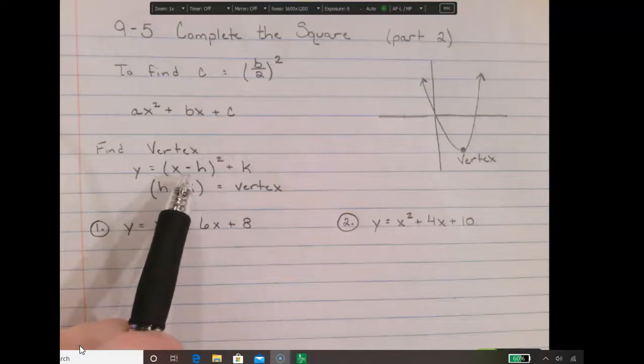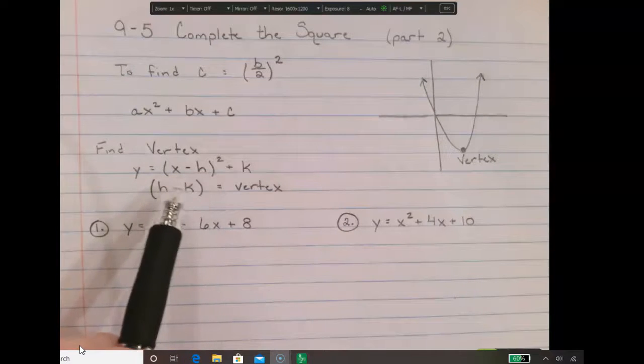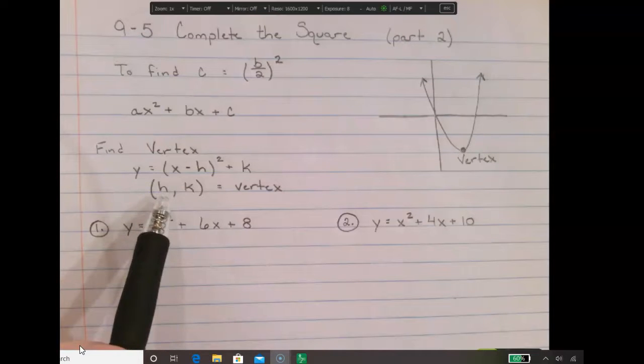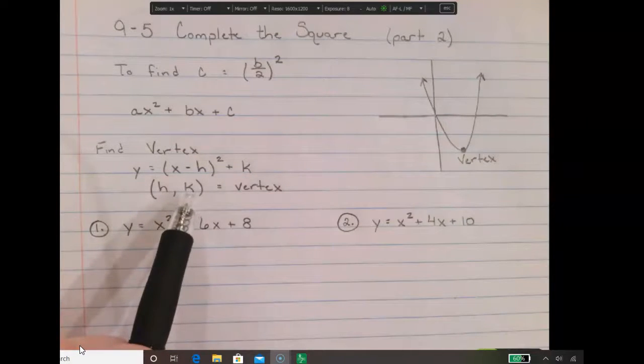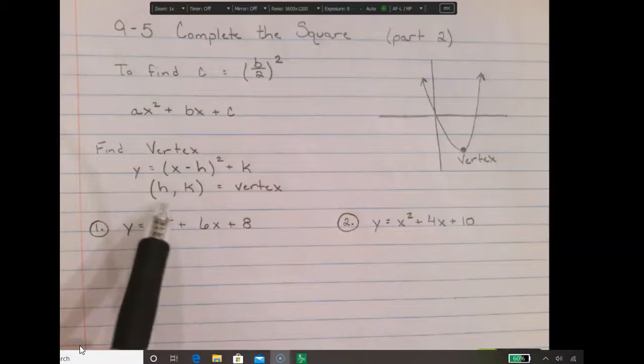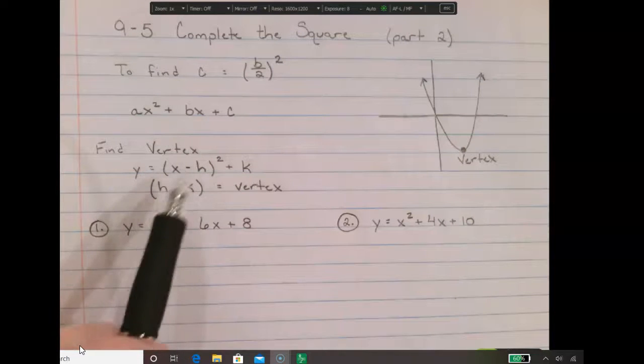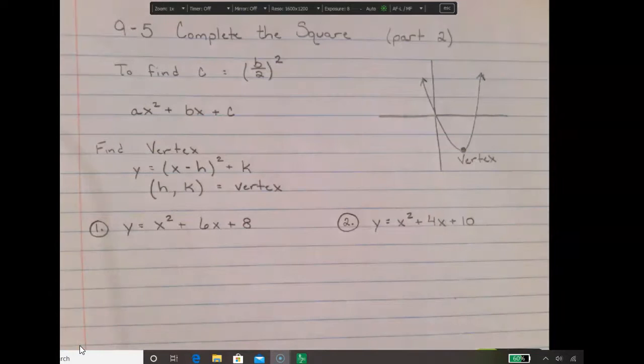If there were plus h, that would mean a negative h, because it's the opposite from how I have it in my original equation. Same thing, if it was minus k, it would create a minus k down here at the bottom. So h is the one to pay attention to, because it's backwards from how we're used to seeing it.